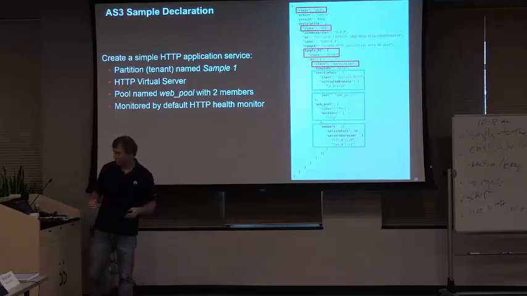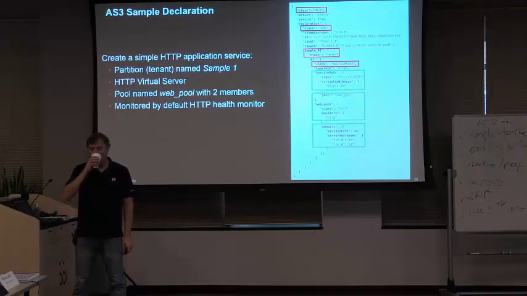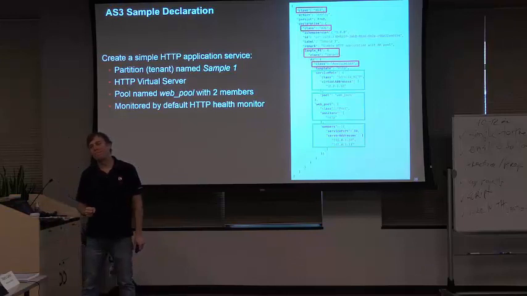So what happens, just out of curiosity, you declare a pool, but you don't declare any members. Does it just... I think there's a schema that this is compared to when you send a declaration in, and there's certain required fields. So the thing about this is these are atomic transactions.